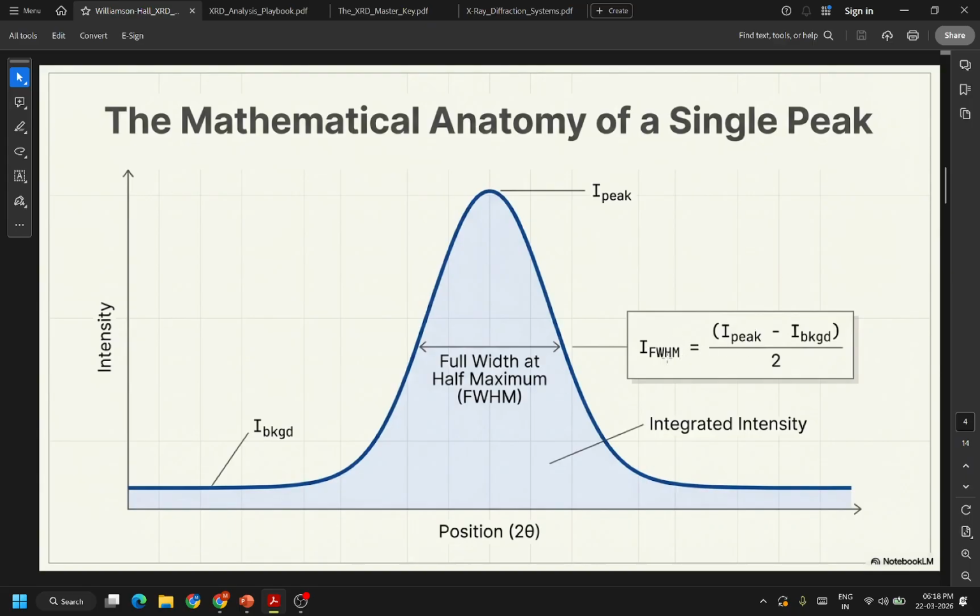You calculate your half maxima by taking your peak intensity, subtracting your background intensity, and dividing by 2. So you take the intensity at half maxima, and then you calculate the full width of the peak at half maxima, which is this length. This is called full width at half maxima, or FWHM.